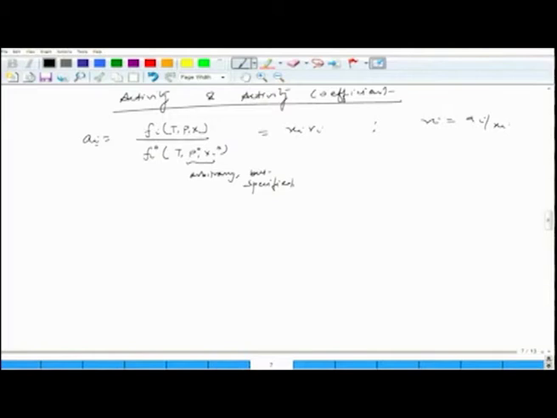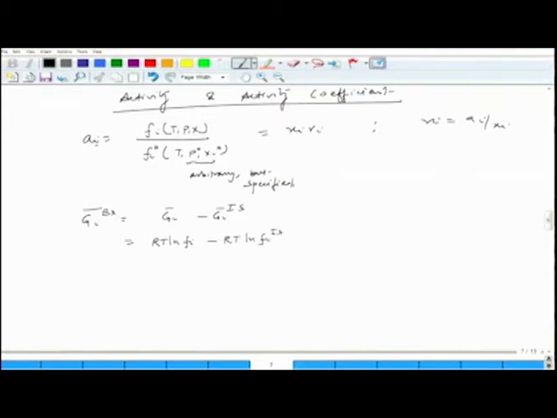Let me start with the G_i excess definition, which is nothing but G_i bar minus G_i with respect to the ideal solution. So, what is G_i? You can relate this G_i to mu_i, and since mu_i is related to RT ln f_i, you can show that this is RT ln f_i minus RT ln f_i^is.